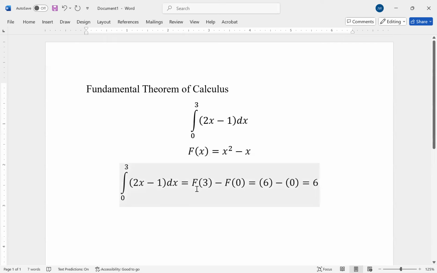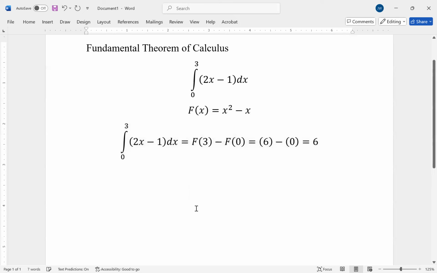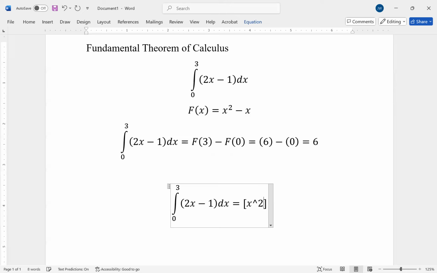Now, here I used capital F notation. A lot of times, instead of using that type of notation, what people will do is they'll use various types of integration notation. So what's going to happen is when we have a definite integral, we know that one of the antiderivatives is x squared minus x.